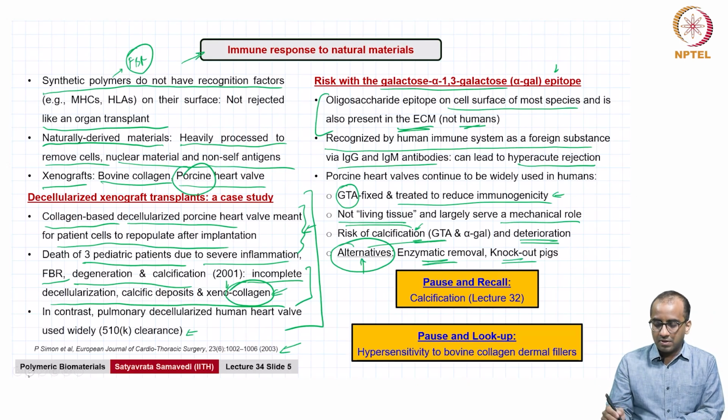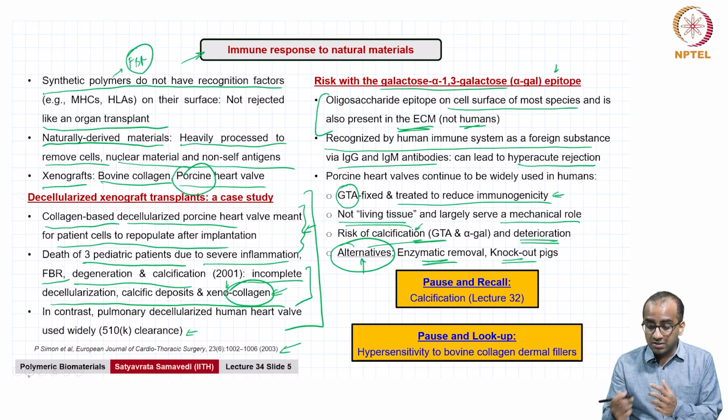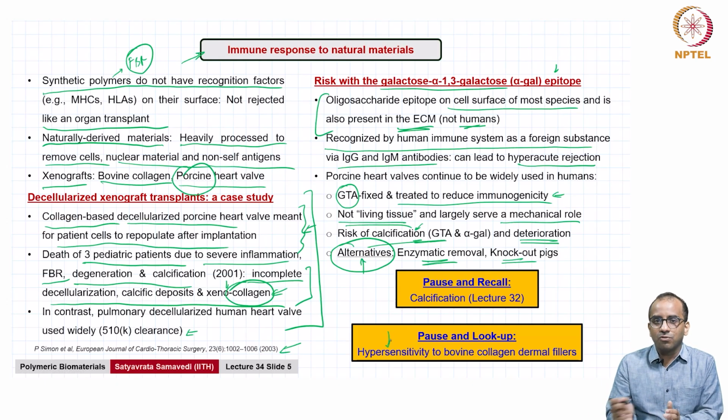A related point to consider is this idea of hypersensitivity. Now, it is nowhere close to the kind of risks and severity that is usually seen with hyperacute rejection, but hypersensitivity can typically occur with bovine collagen dermal fillers. So, hypersensitivity essentially can be of different types.